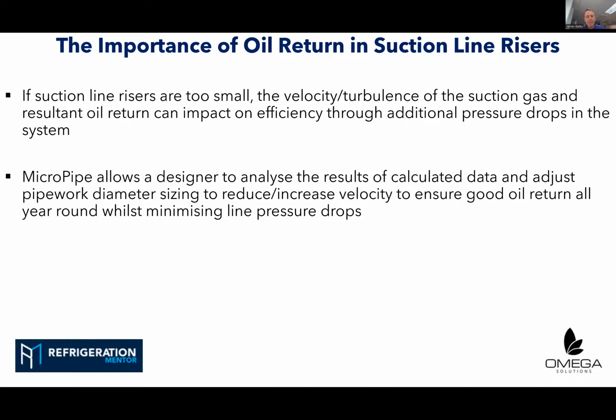And if we've got small lines and big losses, we could actually have 4 Kelvin in that line. For every degree out, we're incurring a 4% energy hit, but also we're making that compressor work harder and the system work harder, irrespective of the plant being appropriately sized.